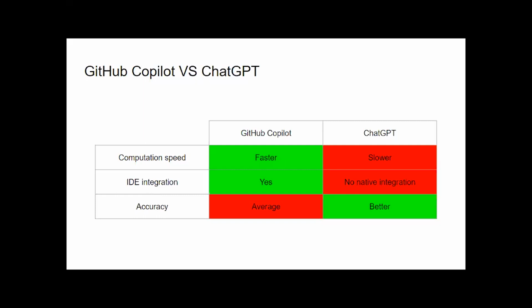However, for instance, let's say you open a new file and you want to write a very big, very long function, then I think you'd better use ChatGPT because GitHub Copilot won't really be able to do so. But if you already have many files with many functions, then GitHub Copilot will be much more useful.